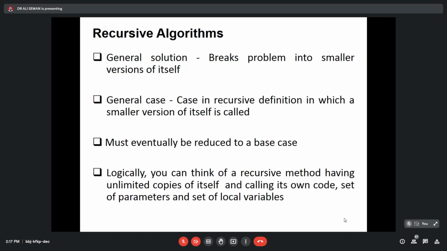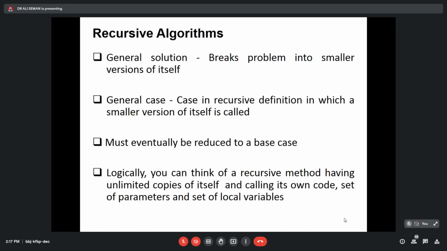Okay, in the general case in the recursive domain, a smaller version of itself is called. It means we have the recursive method that invokes itself, meaning it calls itself, and finally becomes smaller, and after that it stops. When we call the method, it repeats until the repetition stops with a certain condition.